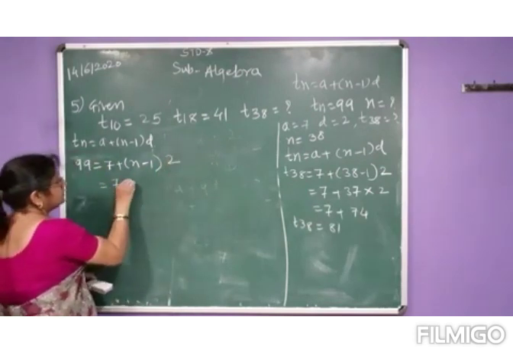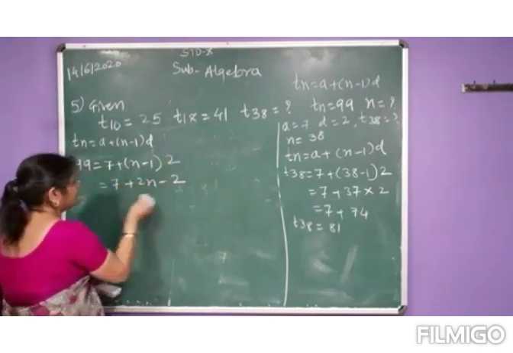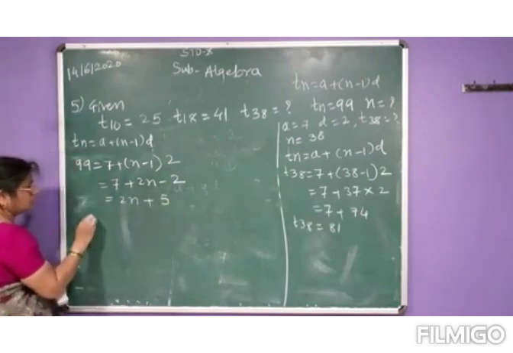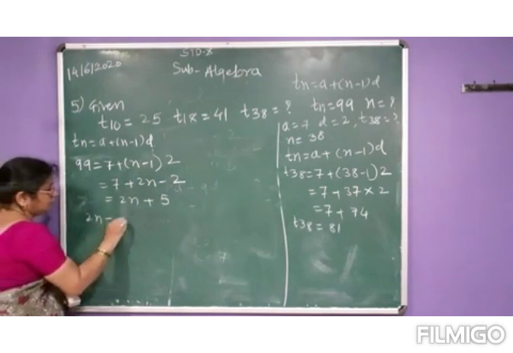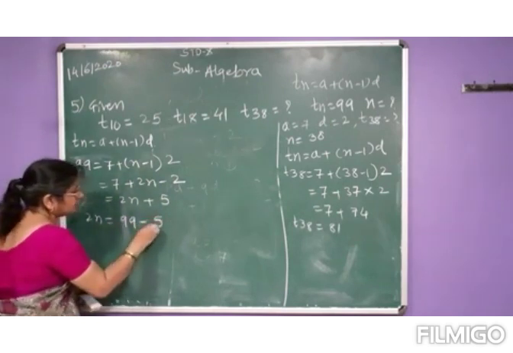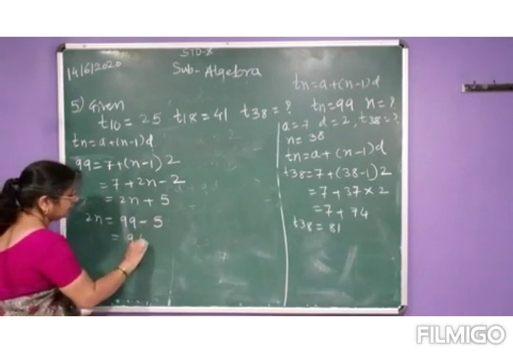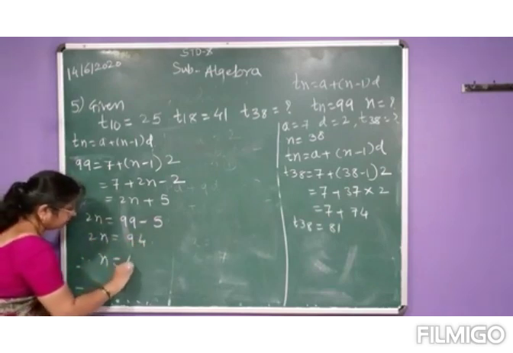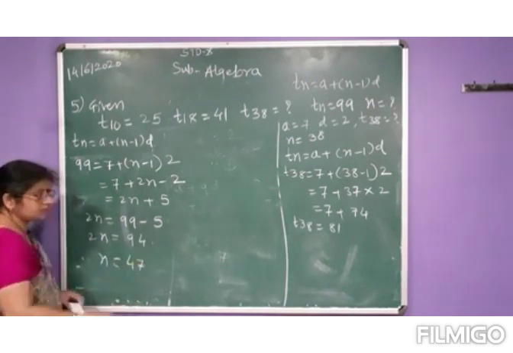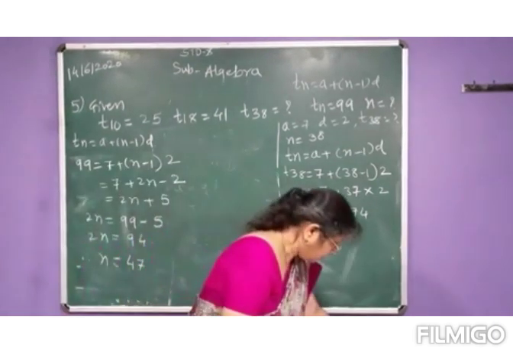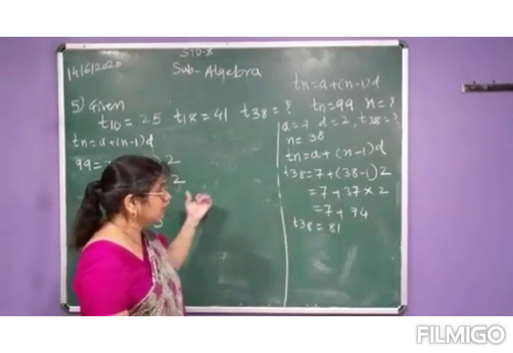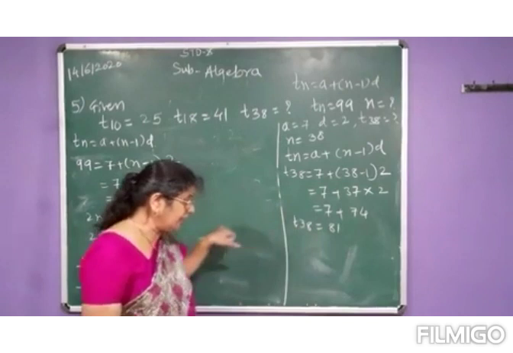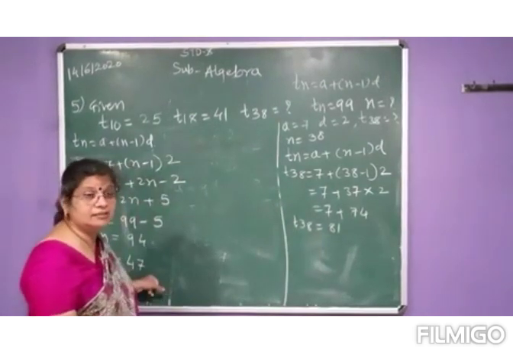So 7 plus 2n minus 2, so 2n plus 5. 2n is equal to 99 minus 5. So what do you get here? 94. 2n is 94, n is equal to 47. So in the given progression, the 38th term is 81 and 99 is the 47th term.